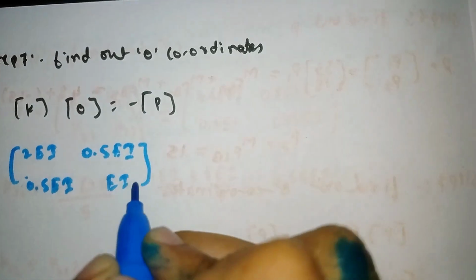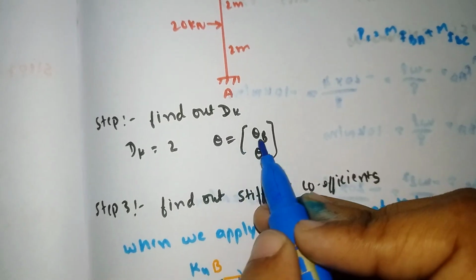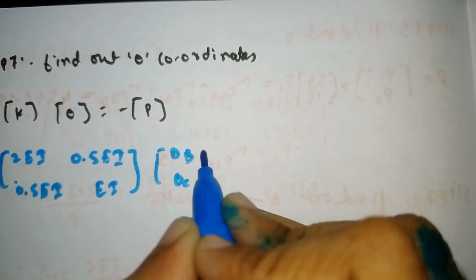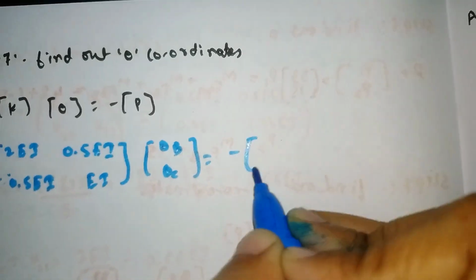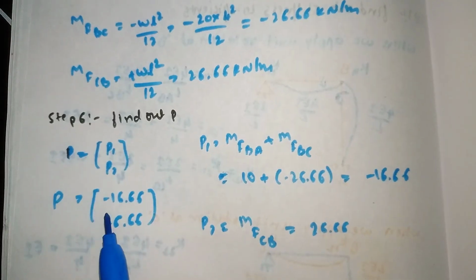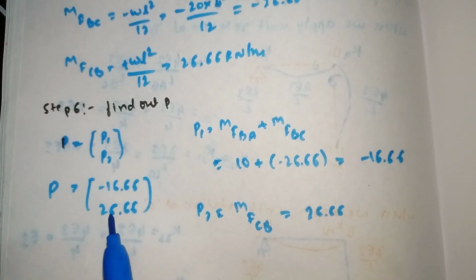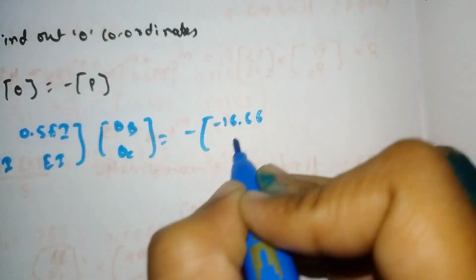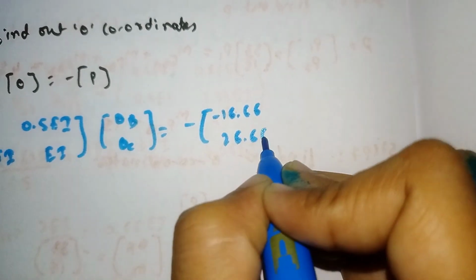Theta is nothing but the coordinates theta B and theta C, equal to minus the P matrix, that is minus 16.66 and 26.66.